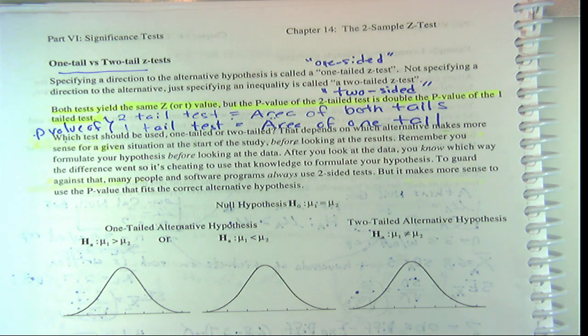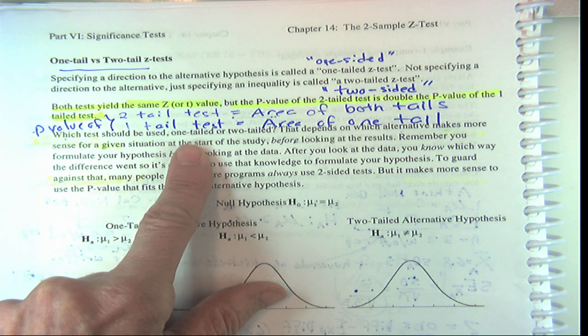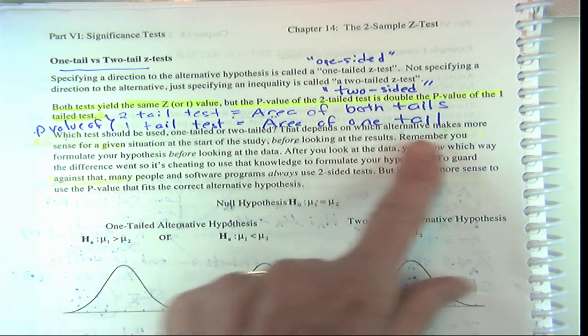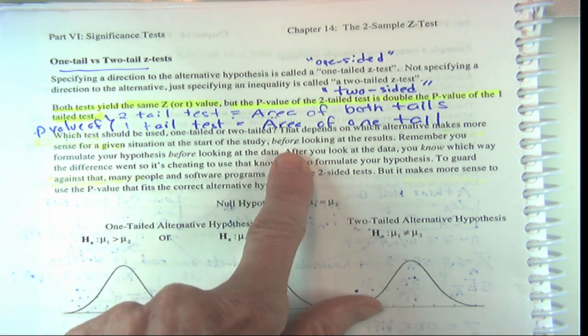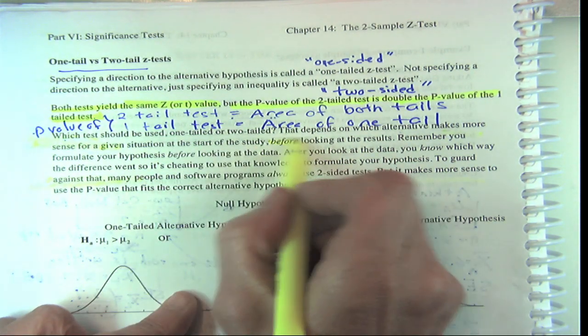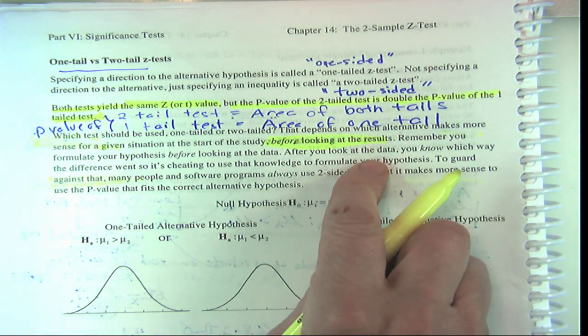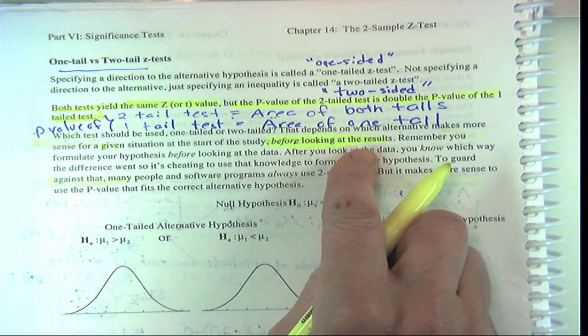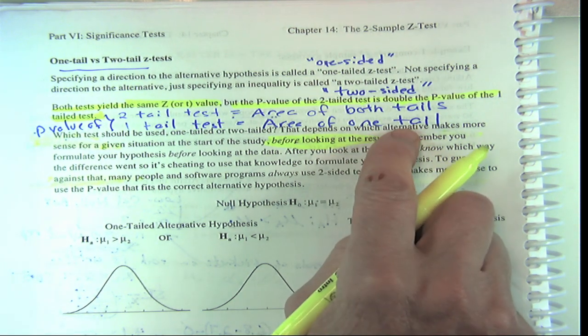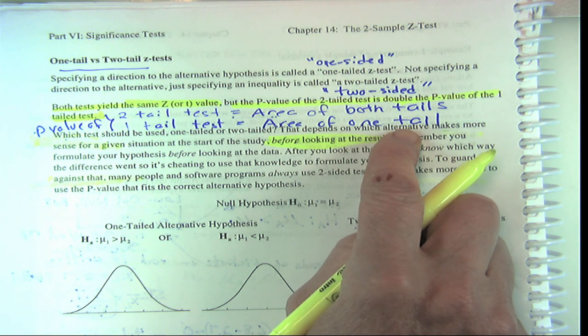Now you want to know which test should be used. Well, that depends on which alternative makes sense before looking at the results. Like if you have evidence before looking at the results that this Atkins diet is really something new, really good, then go ahead and use the one-sided hypothesis, because it's going to yield a smaller p-value, which will give you greater significance.